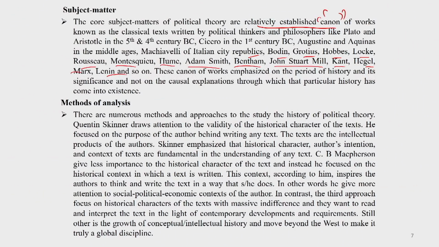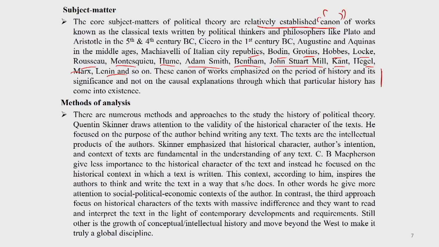These canonical works emphasize the period of history and its significance, and not the causal explanation through which the particular history came into existence. So, this history is very significant in understanding political theory and its role in explaining, interpreting or providing alternatives to contemporary challenges and so on.